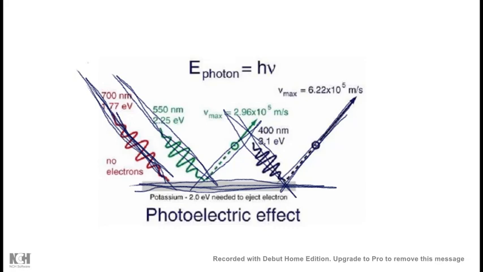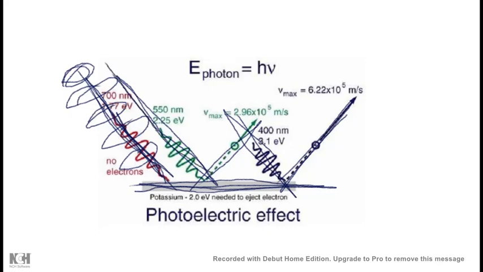And Einstein explained this as the particles of light, the photons of light, each in a packet, without the necessary energy to release these electrons.